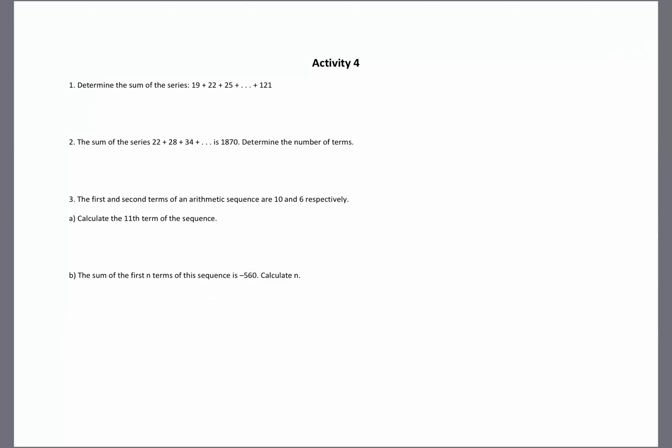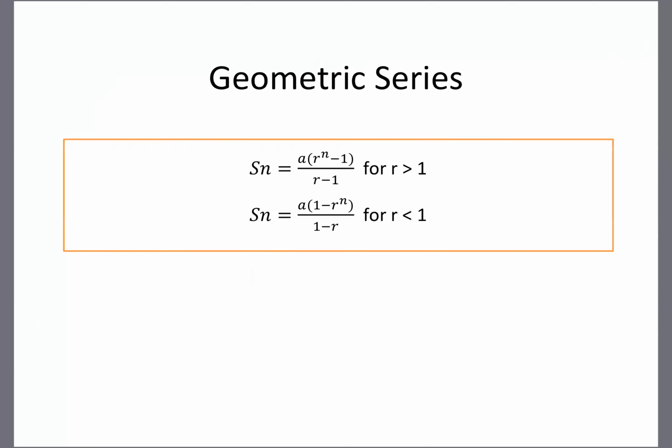Okay, great. Now we're going to move over to geometric series. The only thing you need to remember with your geometric series is that our formulas are almost the same. The only difference is that R is your common ratio. Remember, we did it when we were doing geometric sequences.